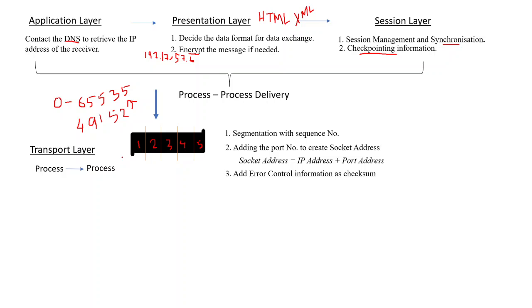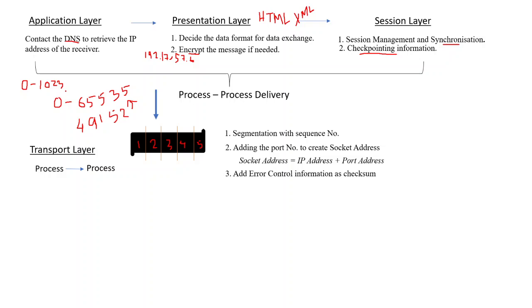To deal with that problem, there are some reserved, universally agreed upon port numbers from 0 to 1023 that are used for your destination machine when we are trying to contact a server.